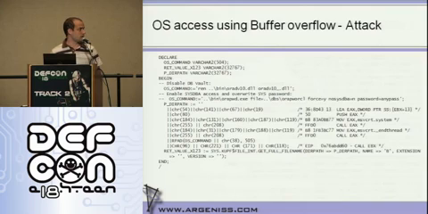Well, this is the exploit. I won't go into much detail. The vulnerable parameter is the dir path parameter. So when the buffer overflows, the EBX register points to the start of this dir path buffer.